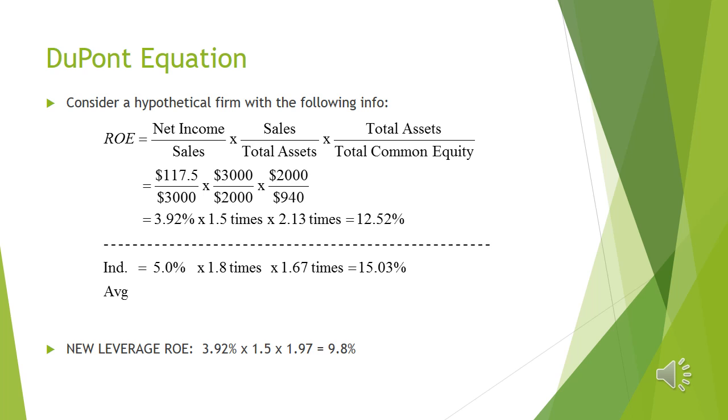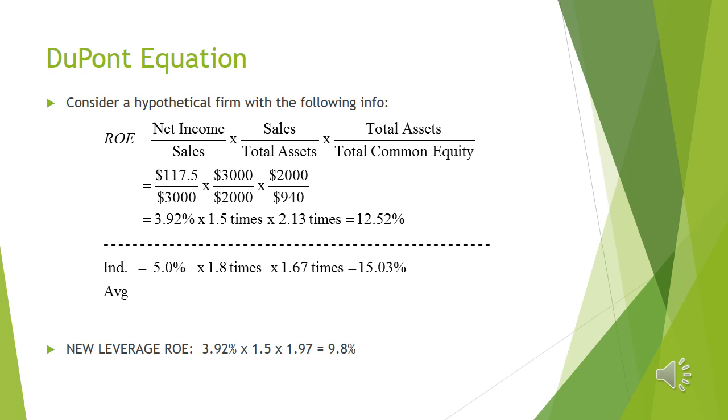When you calculate the net income, if you remember, we subtract the interest charges from the EBIT and then we subtract the taxes to get our net income. So we have already paid off the debt holders, and whatever return, this 5.9% that we just calculated as 3.92 times 1.5, belongs to the common stockholders.